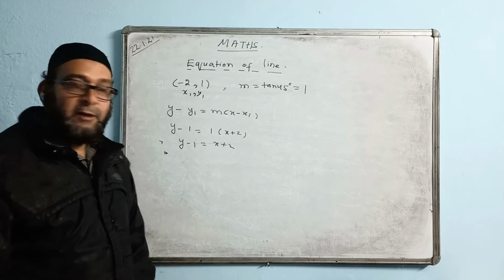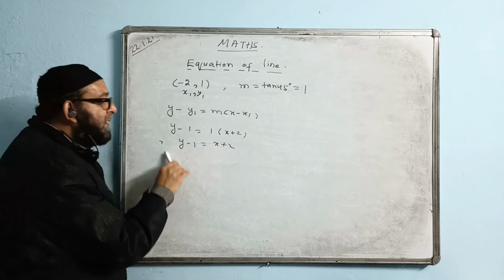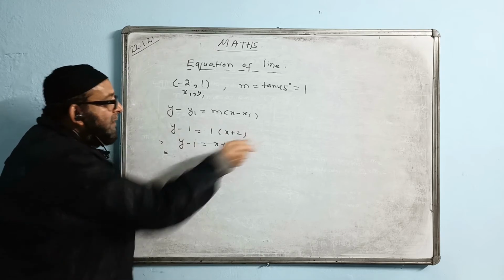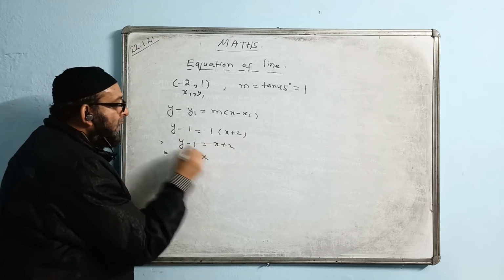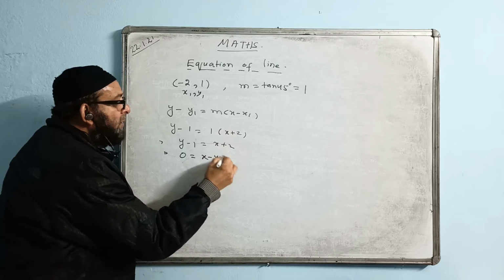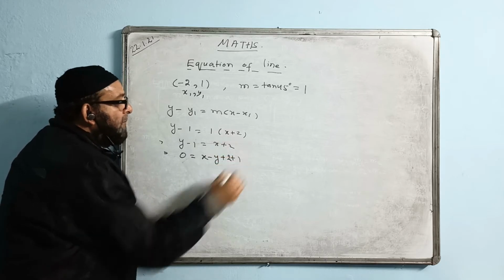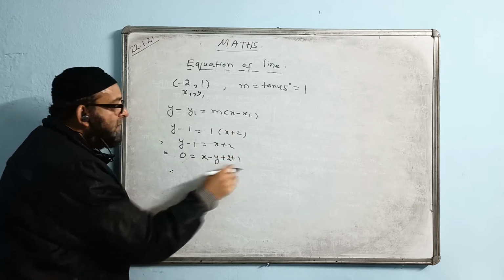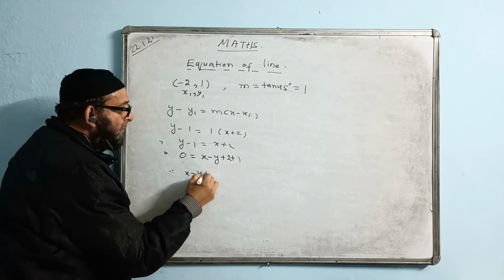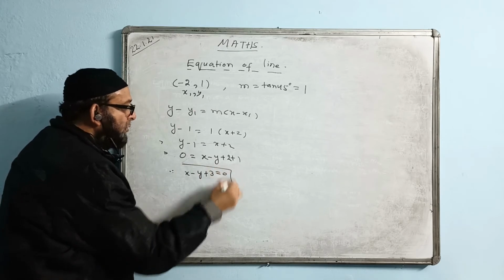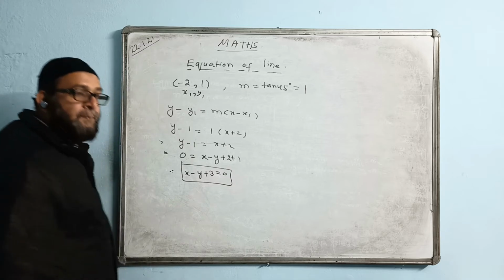If you bring x to this side, it becomes negative, so rather send y to that side to get 0. x plus 2 goes to the other side, minus 1 goes to that side and becomes plus 1. Therefore, from this side I write the answer: x minus y plus 3 equals 0. This is the equation of the line. Understood?